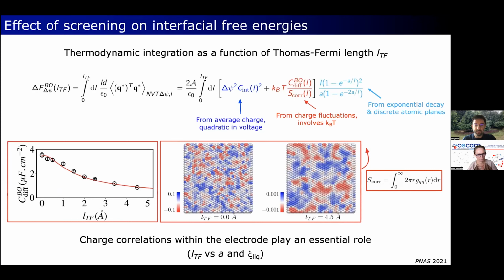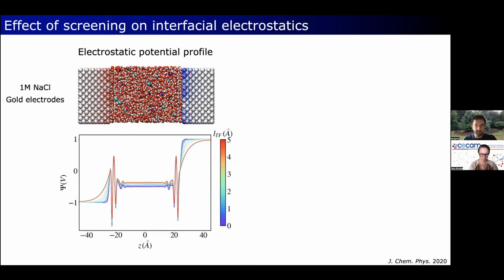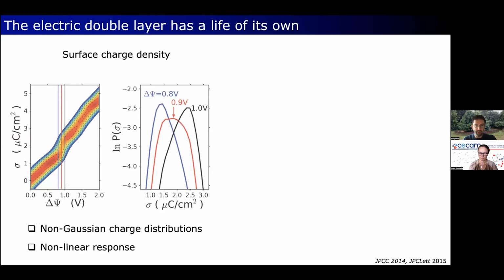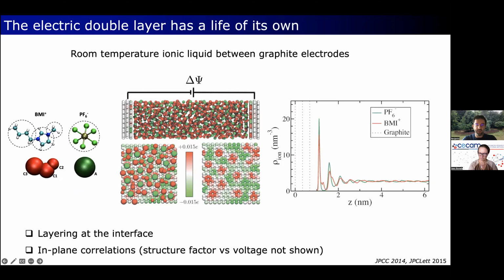So the charge distribution inside the metal depends in principle on the electrolyte configuration and on the lateral ordering of the electrolyte. Maybe this is also visible in here. So you see that the induced charge in the metal basically reflects the microscopic configuration of the ions. So the red regions here are basically located where the anions are. And so in a constant charge picture, this would be homogeneous.